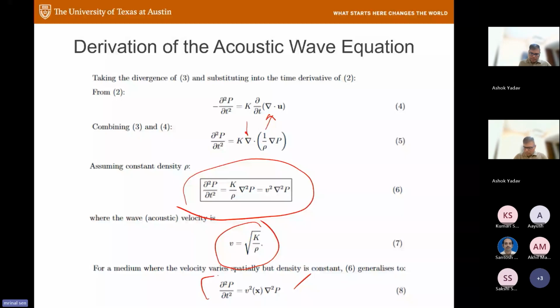So this describes your pressure P as a function of x and t, as to how the pressure is changing with respect to location and time. You can think of this as you go to a pond or a swimming pool and you drop a pebble. So that's your source.